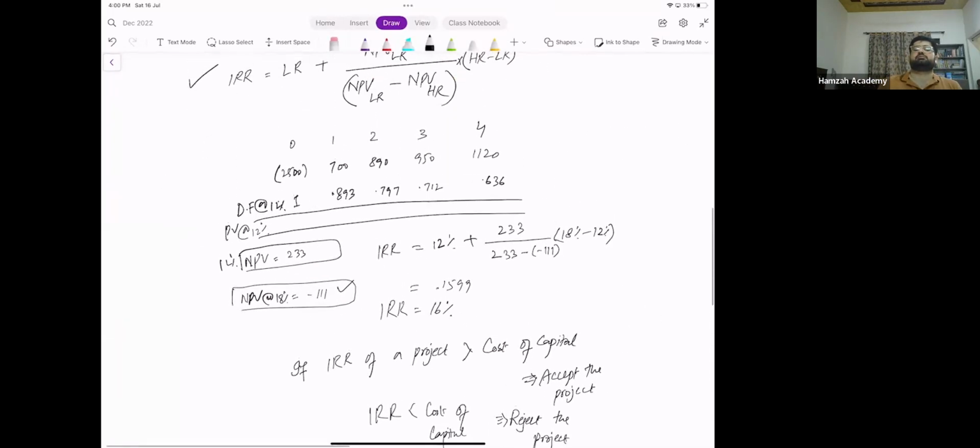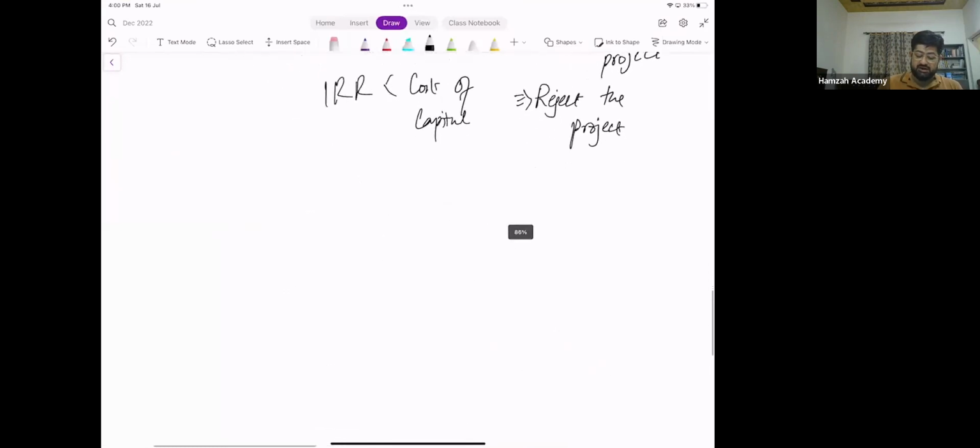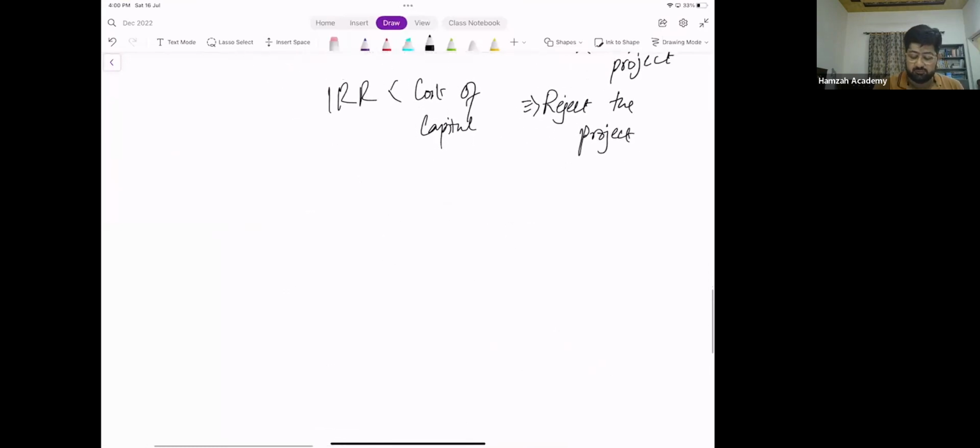Now, IRR advantages and disadvantages. First of all, we will discuss how IRR is calculated by graph. You calculated NPV is here and discount rate is here.